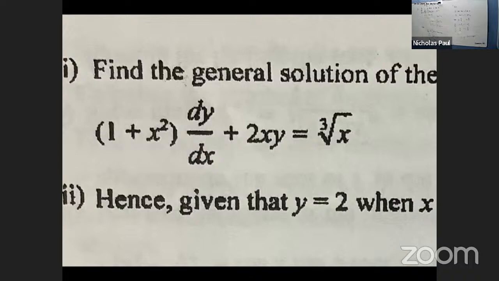When we did integrating fractions, remember the two options, right?